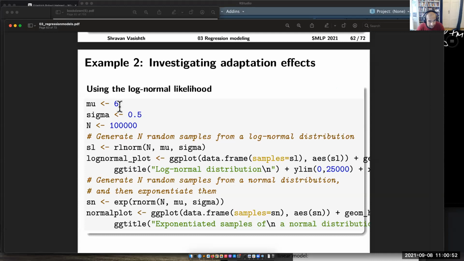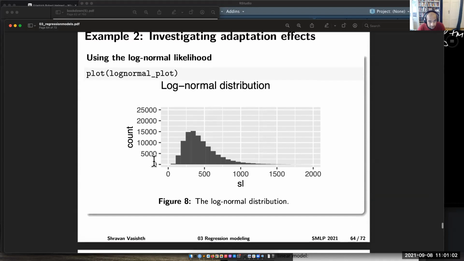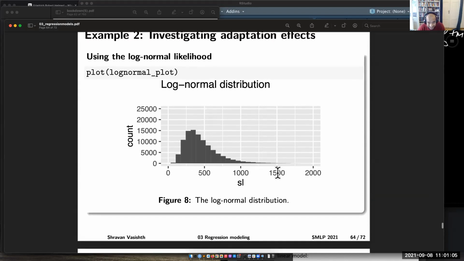And so these specifications for mu and sigma are on the log scale. I'm generating 100,000 data points from a log normal. And if I plot that distribution, you see this distribution. The parameters are specified on the log scale, but it's producing data on the millisecond scale.